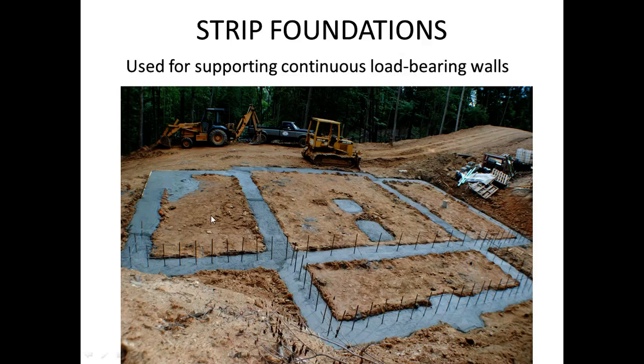The foundation is continuous because the wall is continuous. The loads are carried continually all the way along the length of the foundation. So we're digging a trench, we're pouring, in this case again, reinforced concrete into that trench to carry the load of the building. So pretty much any small-scale structure that has continuous load-bearing walls, brick buildings for example, will normally have strip foundations.